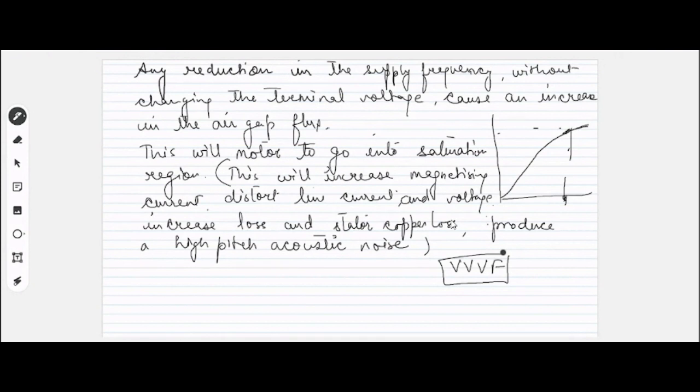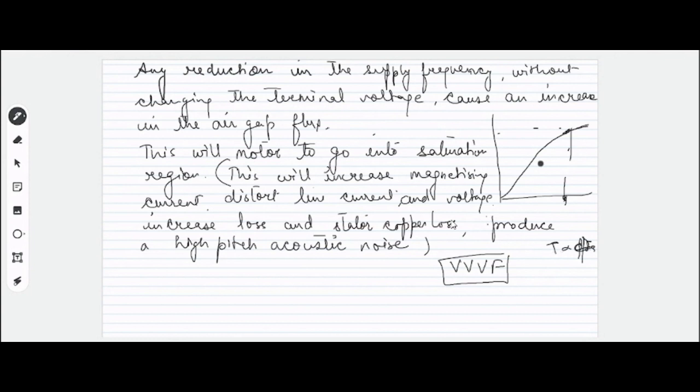Now, while an increase in the flux beyond the rated value is undesirable from the consideration of saturation effect, a decrement in the flux is also avoided to retain the torque capability. We have learned that torque is also proportional to flux. Torque is phi into Ia in the case of DC motors, but in the case of induction motors, torque is also proportional to flux.